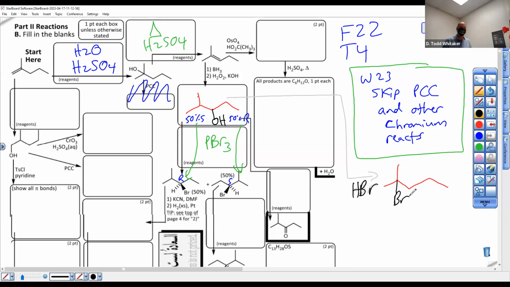How'd the Br end up there? Not here. You protonated this thing with HBr. Then it made a secondary cation. Then it rearranged to a more stable tertiary carbocation. The Br minus went there. So if you thought HBr was the answer here, you're not getting points. End of story.